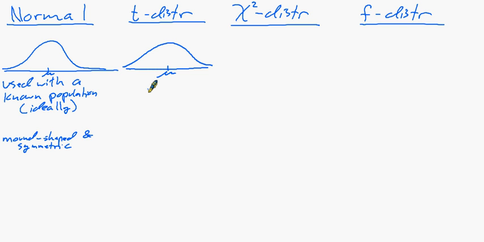So t-distributions are used for samples, and especially small samples, because as I showed, with big samples, the t-distribution actually gets indistinguishable from the normal distribution. So samples, and primarily small samples for the t-distributions. Besides that, it's actually used in the same way and for the same thing as the normal distribution.